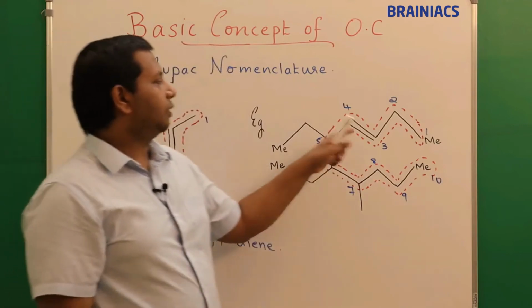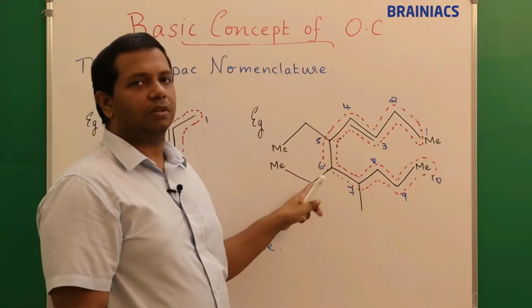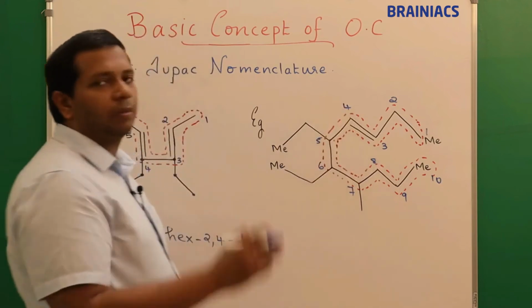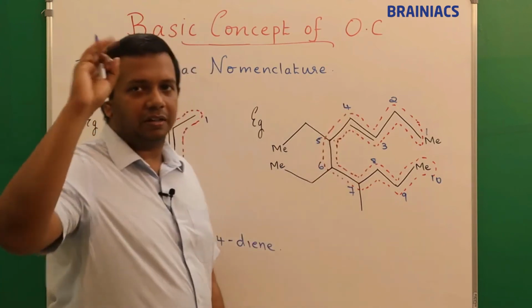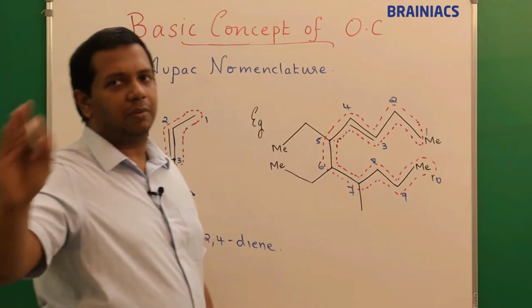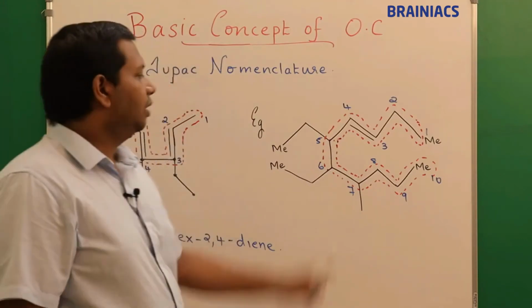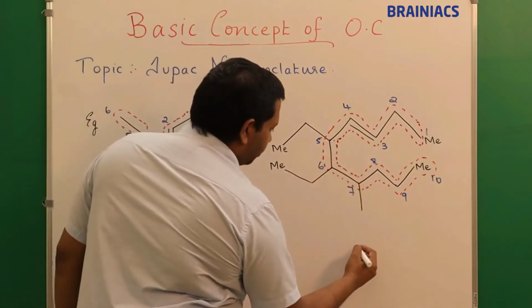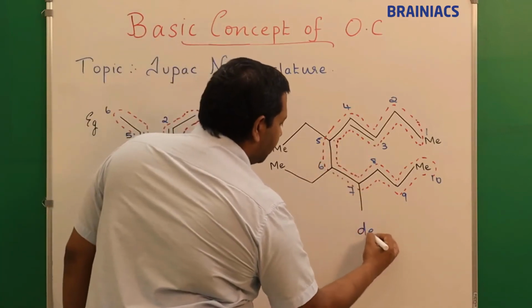Okay, priority is first multiple bond, then only substituent comes. That's why I am giving the least possible number to the multiple bonds. You remember the priority order: functional group greater than multiple bonds, greater than number of carbon atoms, then greater than substituents. Okay, so tell me how to do this. The parent carbon chain has 10 carbon atoms. Super. Then it is dec that is coming into picture. Dec.